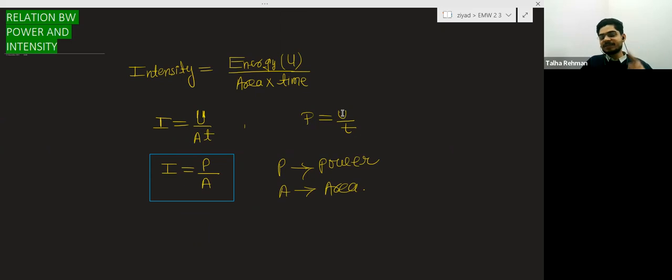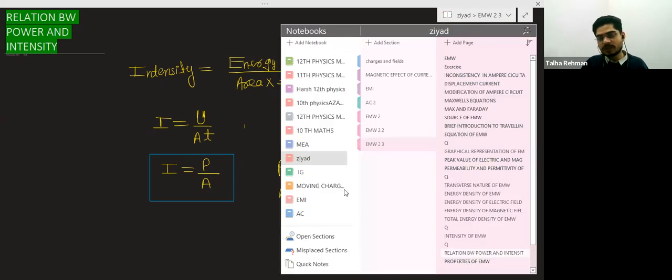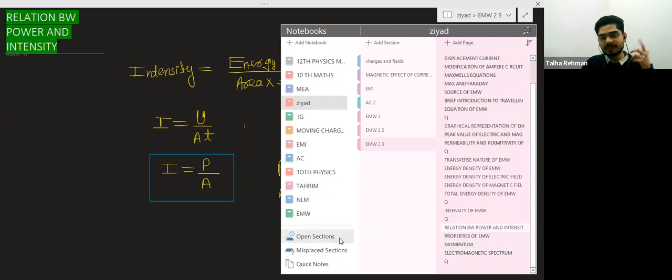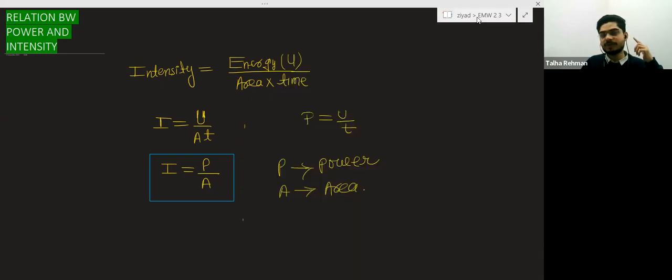Power is the energy crossing per unit time. So power can be written as energy divided by time. So intensity is equal to power divided by area. So this is the simple relation. After that, the last topic is the electromagnetic spectrum, and that is a very important topic.